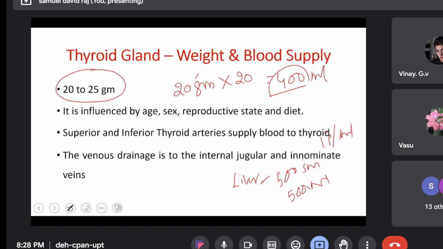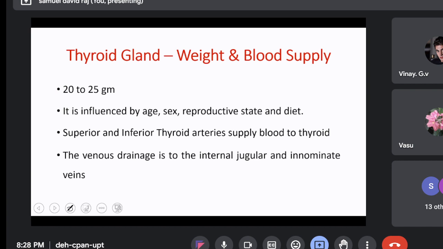Why? Because it has to synthesize certain hormones, which we call thyroid hormones, that are involved in almost everything. Nothing in the body can escape thyroid hormones. Why? Because it is responsible for the general growth of the body, which we call somatic growth.